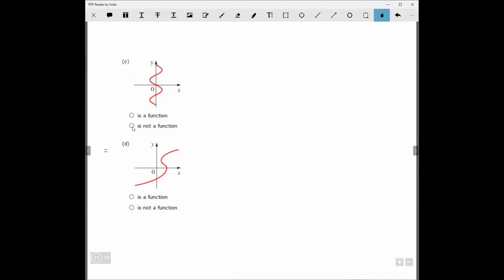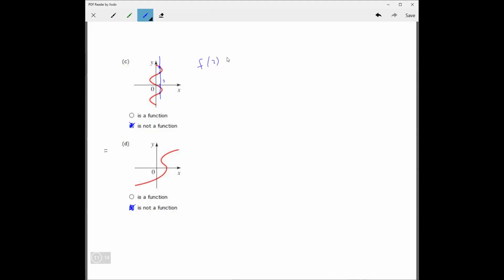Here are examples that are not functions. So this is not a function, and that's not a function either. It's because if you draw a vertical line right there, it intersects in more than one spot. Let's say for example that this value were 2.